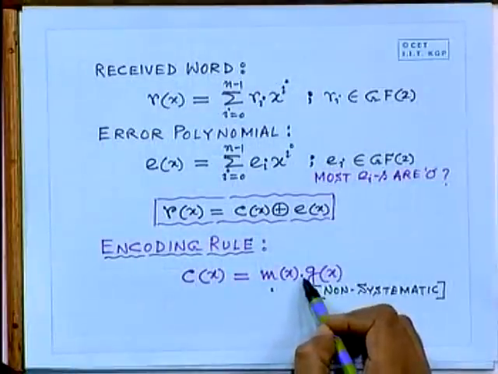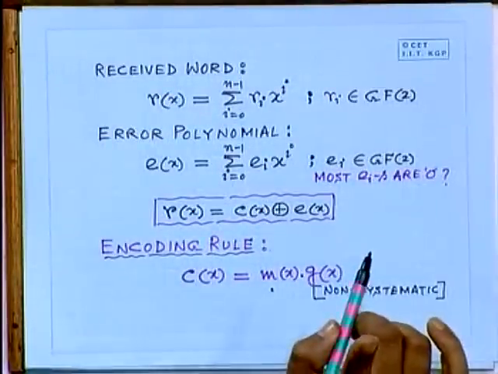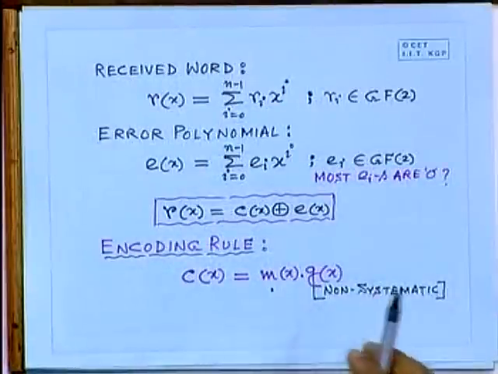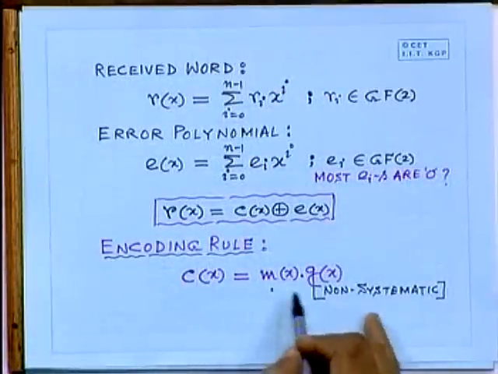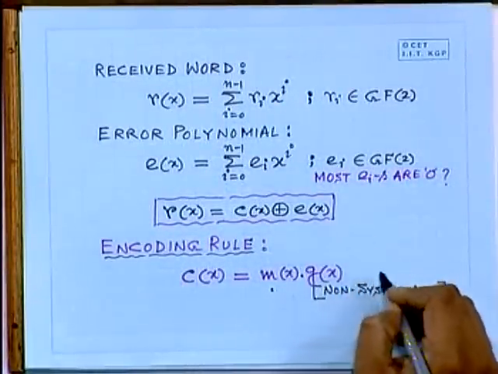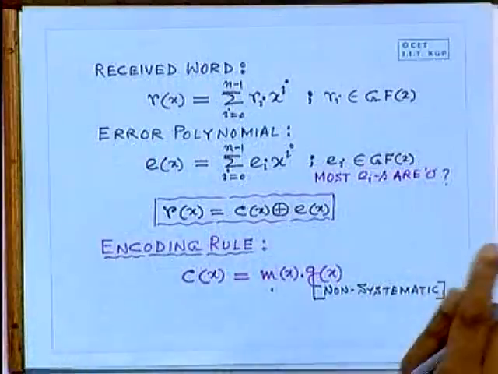By this multiplication operation, I mean the multiplication operation as per the definition of the field. This is a polynomial multiplication. I shall briefly tell you that this multiplication involves a modulo operation. We will come back to this when we consider the example of the Hamming code.